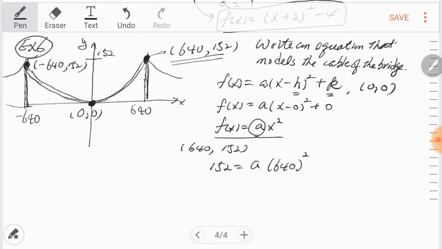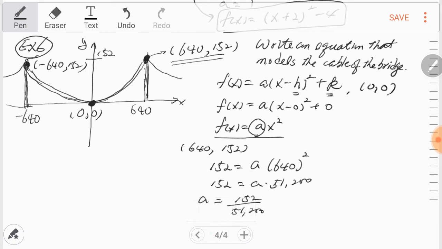And then, okay, so 152 equals a times 640 squared, use the calculator. So then it will be 51,200. So a is equal to 152 over 51,200.